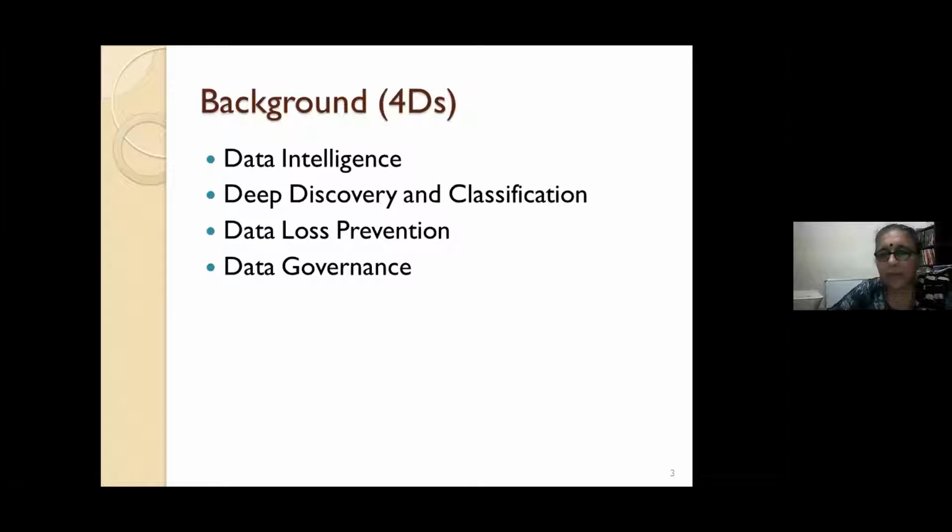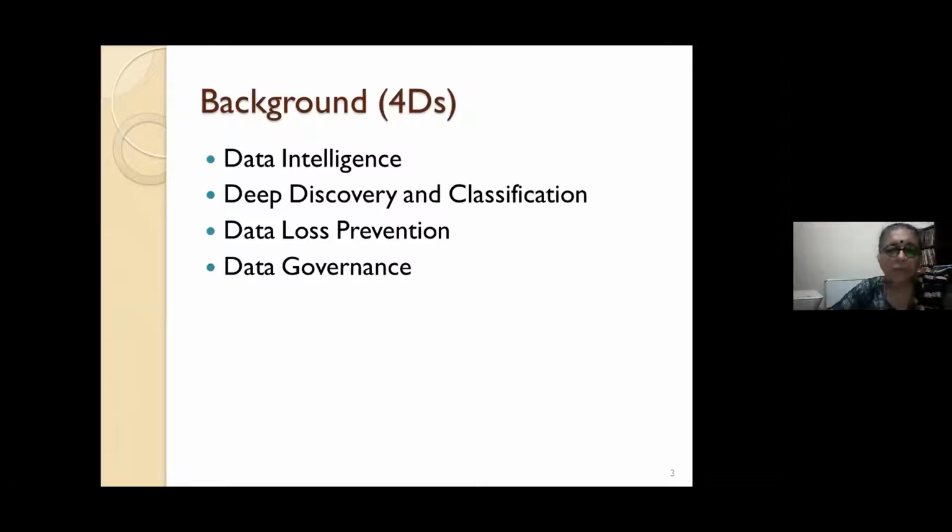Such data needs to be discovered and then classified. What is classification? We will talk about it. At a high level, it means that you need to tag the data with a tag which is defined at the organization level.